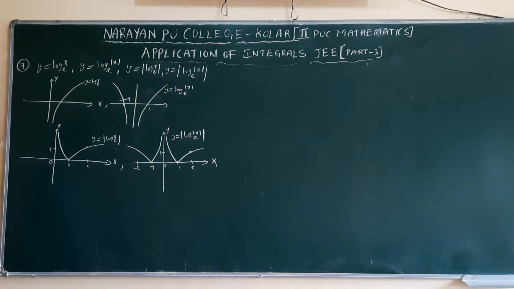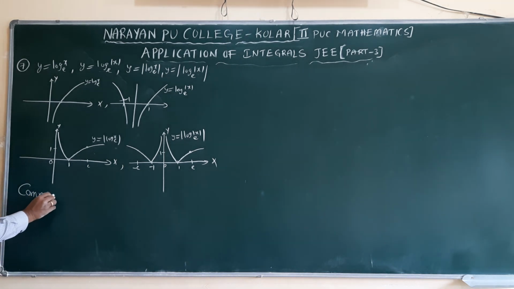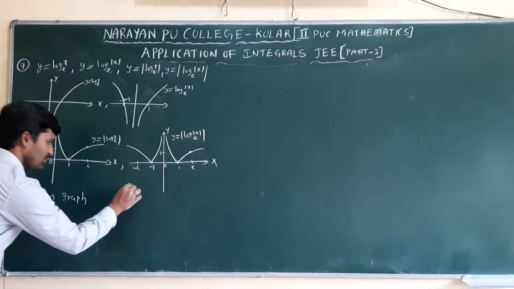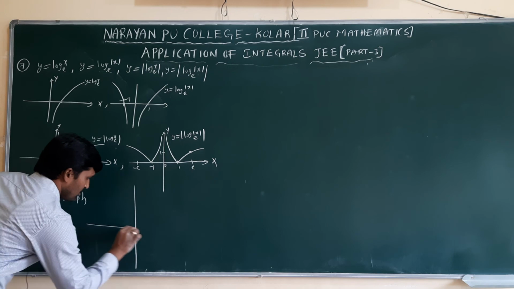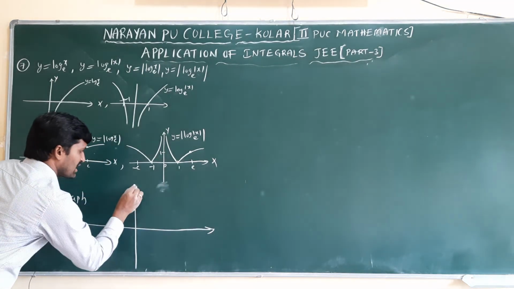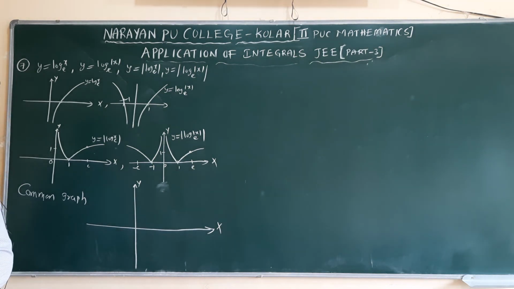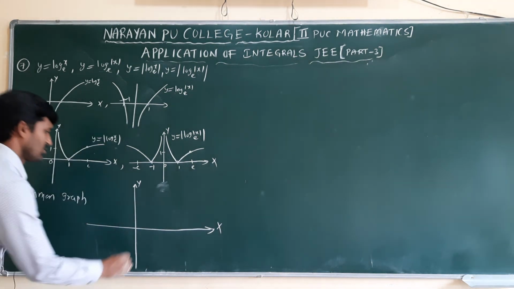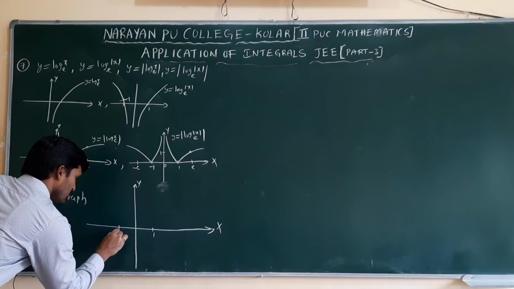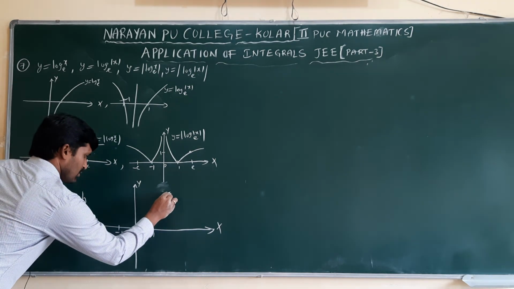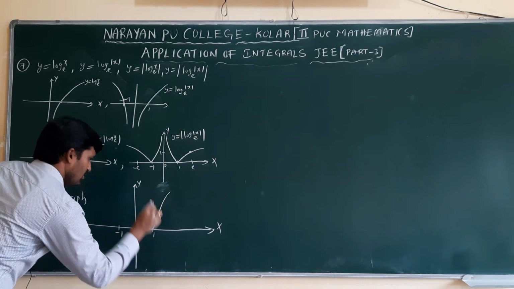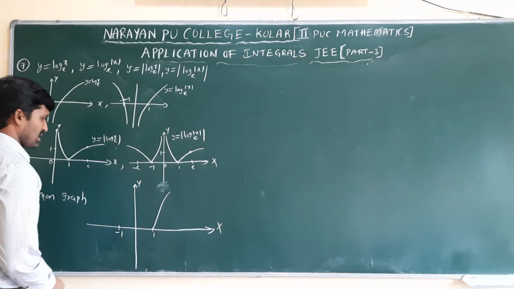We need to find the area bounded by all these 4 curves. That is the common region we are taking, the common graph for these 4. We can find the region which is the required region. The curves are all mixing. This is one curve, exactly notation wise.